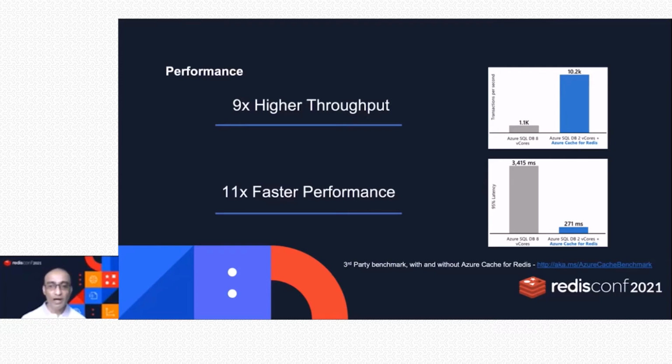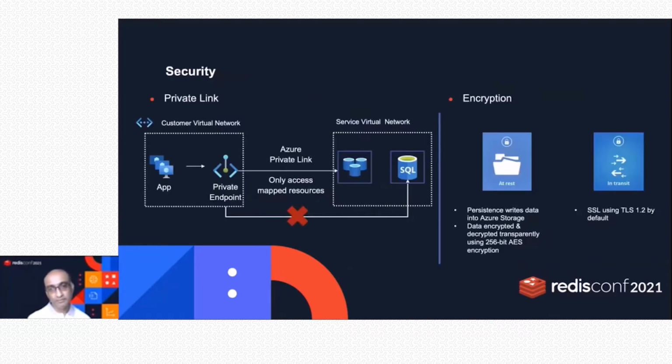Then they compared how the two applications performed. Adding Azure Cache for Redis produced over a 9x increase in the max throughput and 11x improvement in the latency. So this makes a very strong case for you: if you are concerned about latency, if you are concerned about throughput, consider putting Azure Cache in front of your persistent storage.